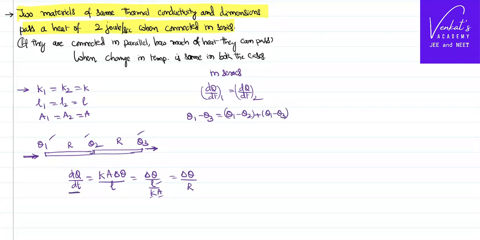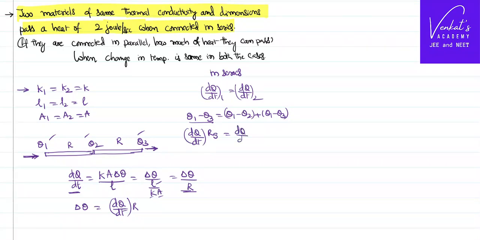As I told you, dq by dt equal to delta theta by r. So delta theta equal to dq by dt into r. Now delta theta is dq by dt, r of the combination, I can call it like r series.